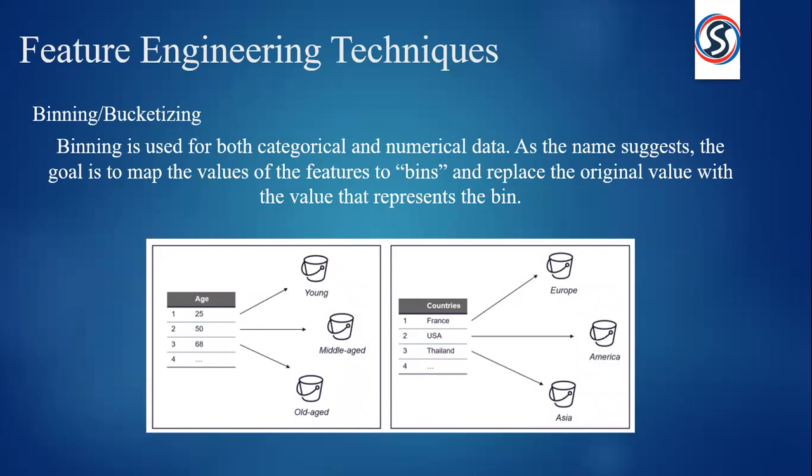So as the name suggests, the goal is to map the values of the features to the bins, and replace the original value with the value that represents the bin. That is what we are going to do in binning and bucketizing.